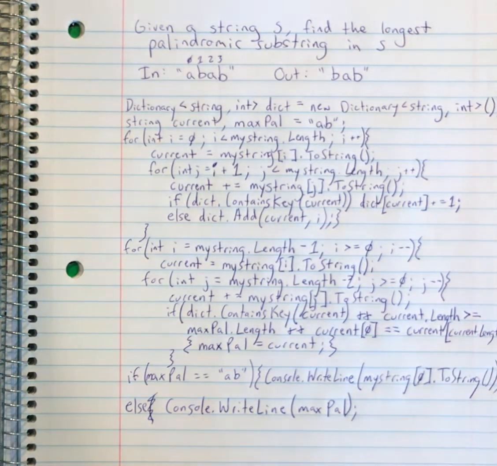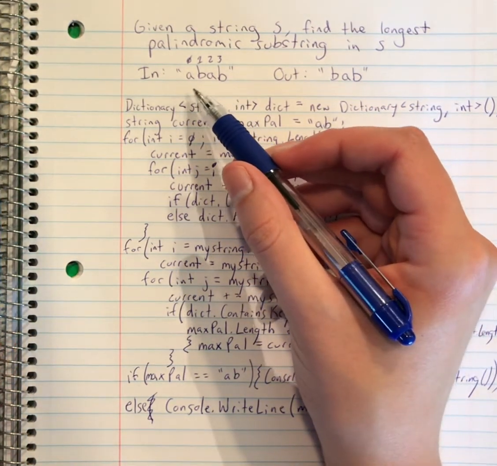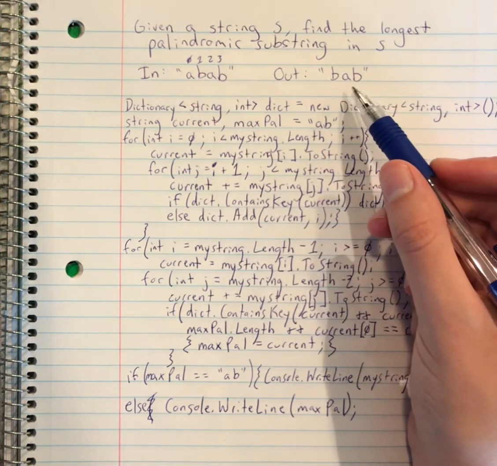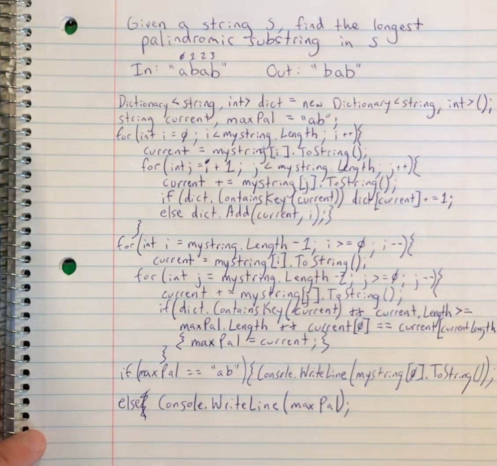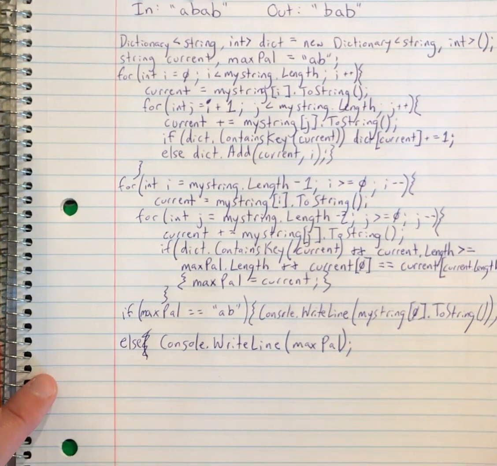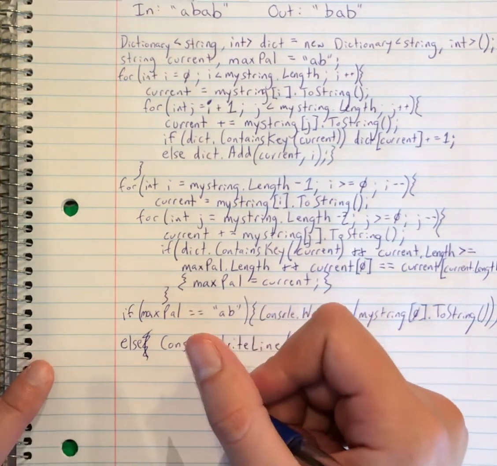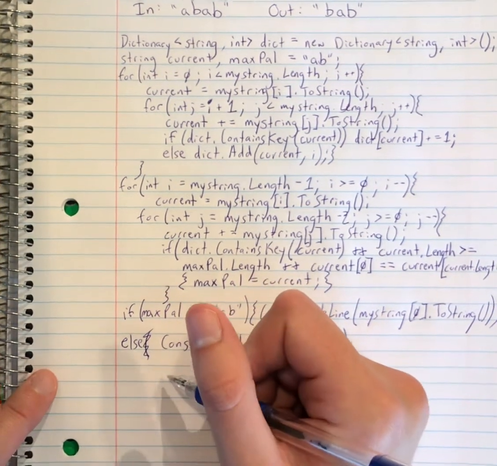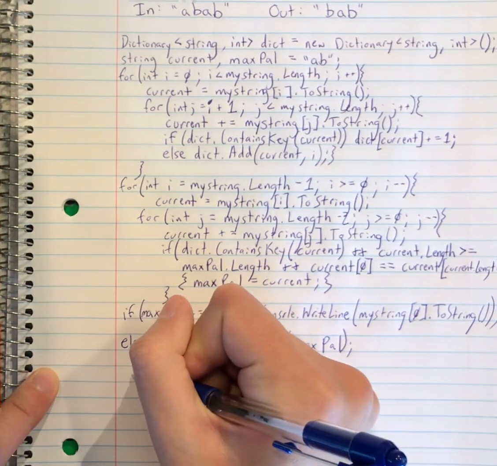Okay. So, let's walk through this sample input and see if we can achieve this sample output. Perfect. So we have our dictionary with our keys and our values. We'll set that up.